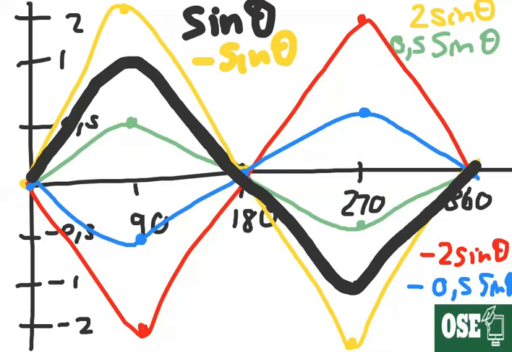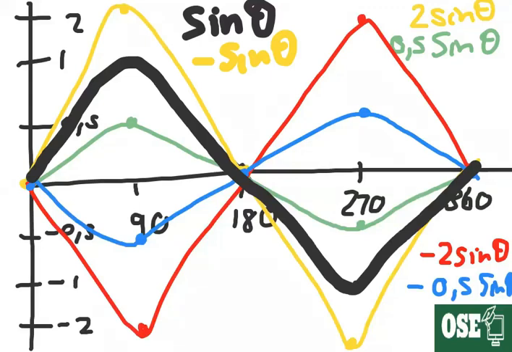So as you can see with the red graph, when A is negative, the graph gets reflected and then the amplitude will either increase or decrease. If the number is between 0 and negative 1, so negative 0.3, negative 0.4, in this instance I used negative 0.5, the graph will be reflected and then it will decrease.